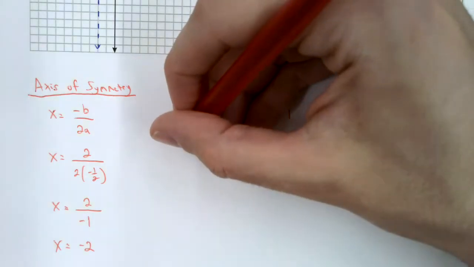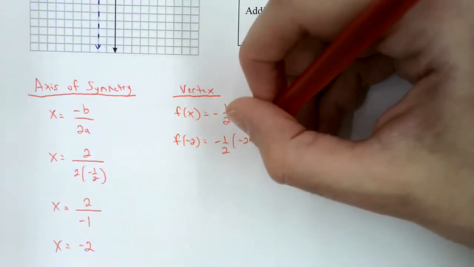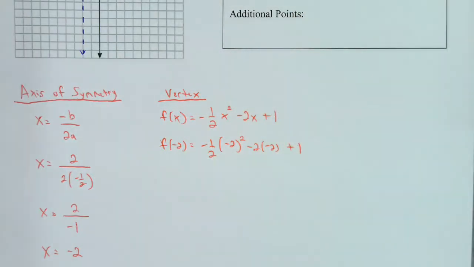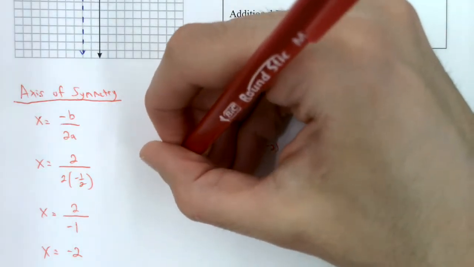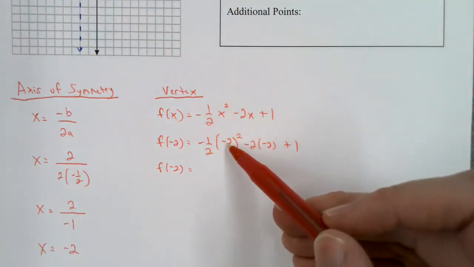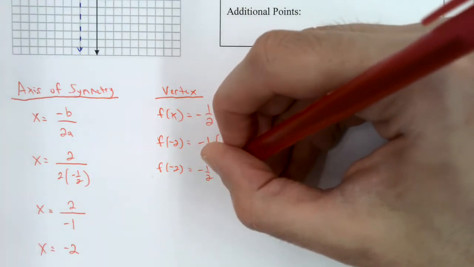So f of -2 equals -1/2 times -2 squared minus 2 times -2 plus 1. Order of operations, exponents first. -2 squared is 4. So we have -1/2 times 4.